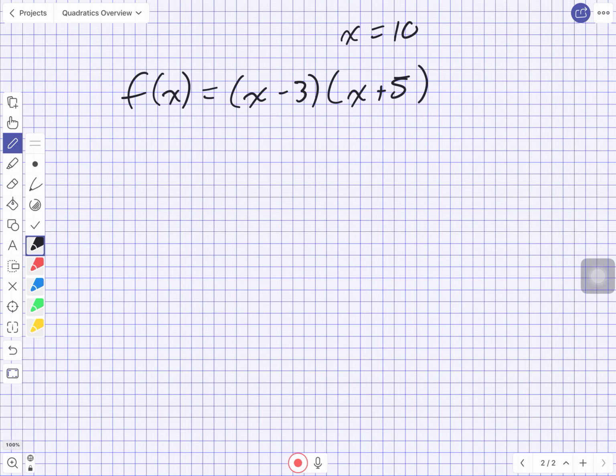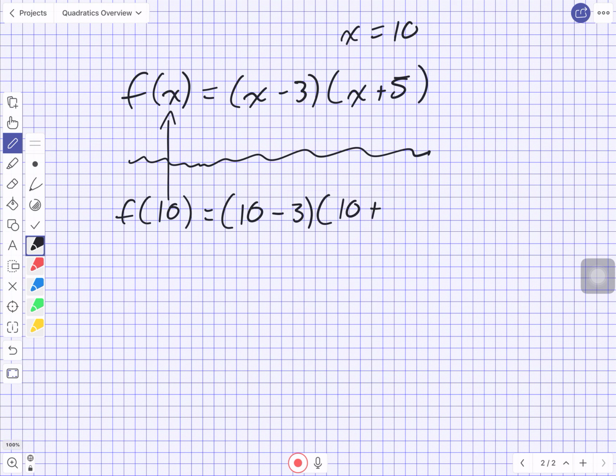Instead of writing a whole sentence saying the y value when x is equal to 10, this notation allows us to just write f and put bracket 10. And 10 is replacing that x value. So that communicates that we're replacing x with the number 10, and now in the rest of the equation, I'm going to plug in the number 10 for all of it. Okay, that's all function notation really is.